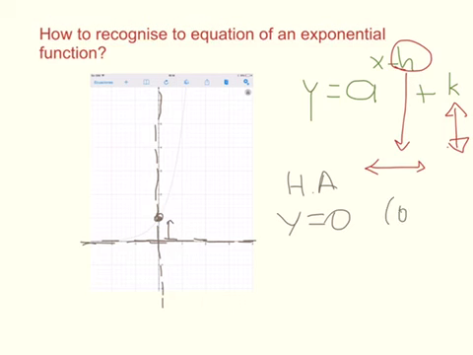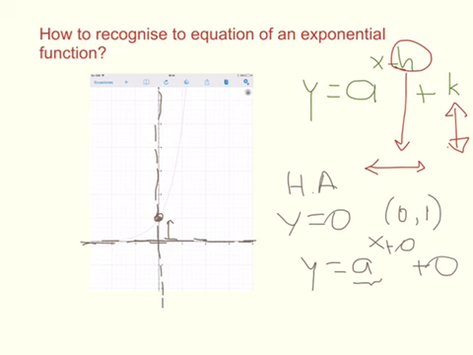The value is 0, 1. That shows us that there is no horizontal movement. So the function will be something to the x plus 0 plus 0. There is no vertical nor horizontal movement.